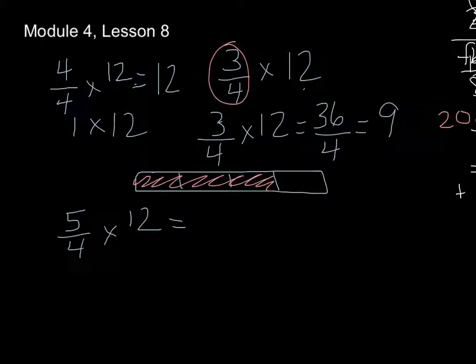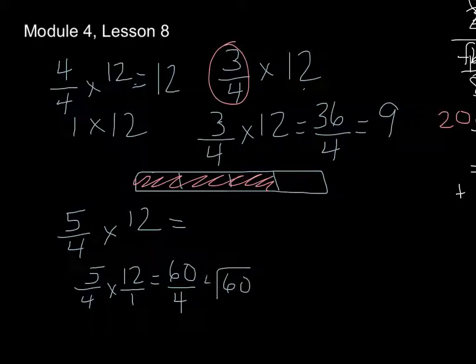Well, if you said greater than 12, let's check that out. 5/4 times 12. I know that's just like 12 over 1. I get 60/4. If you divide 60 by 4, you'll get a nice 15. So 5/4 times 12 equals 15.